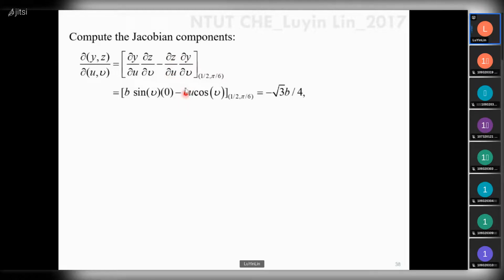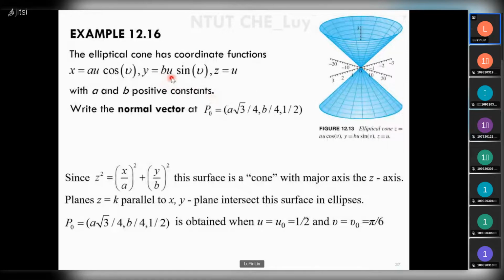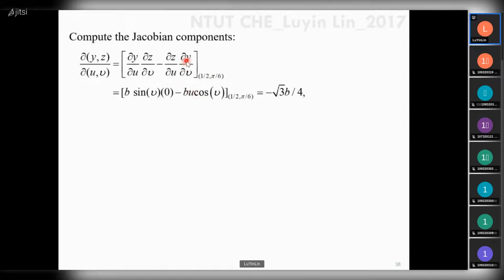And partial Y, partial V: Y is BU sine V, so partial Y, partial V is BU cosine V. So first calculate this one, then put U0 and V0 inside.